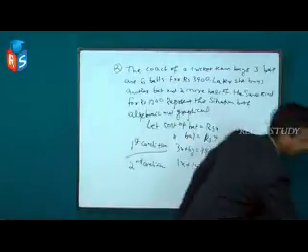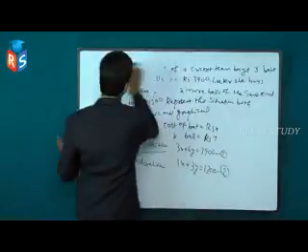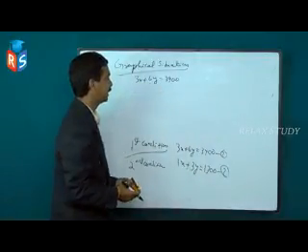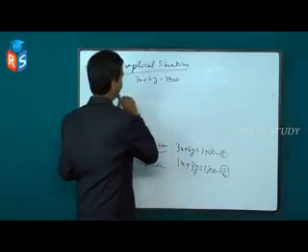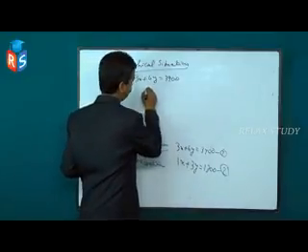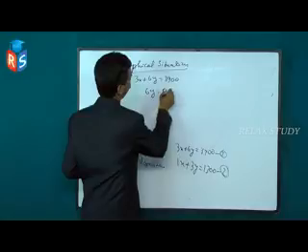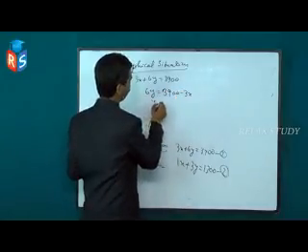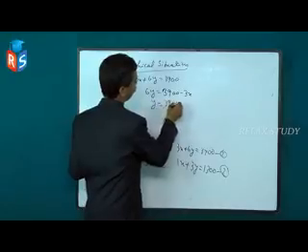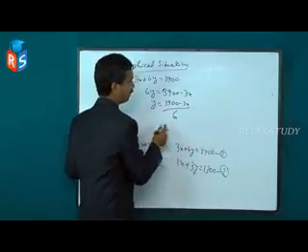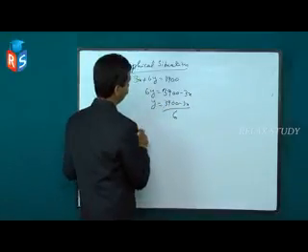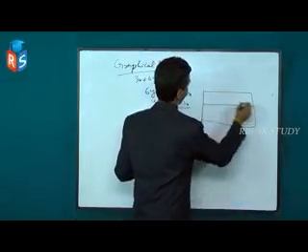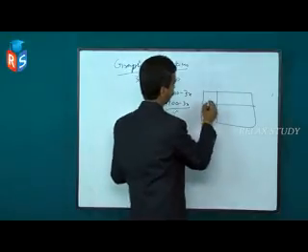Next we are drawing the graphical situation. First condition 3x plus 6y equals 3900, from which we get 6y equals 3900 minus 3x, so y equals 3900 minus 3x by 6. Then I can put values and frame a table.